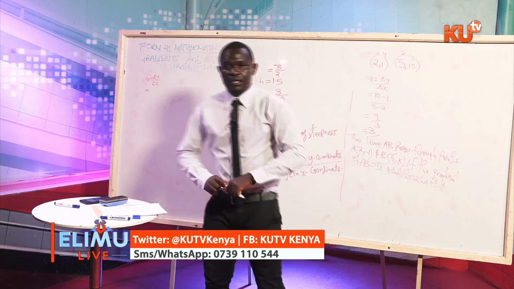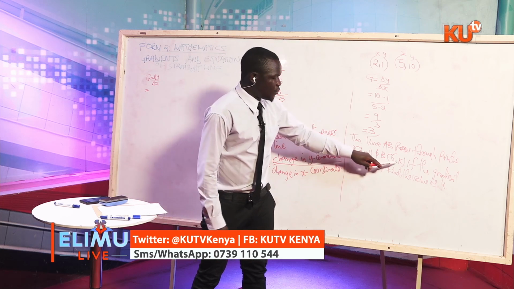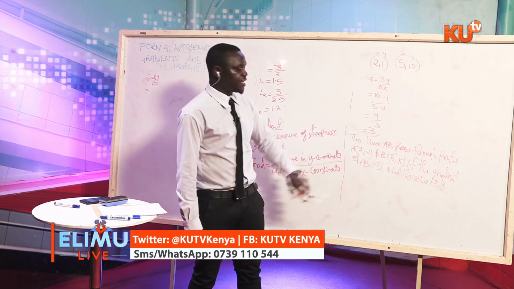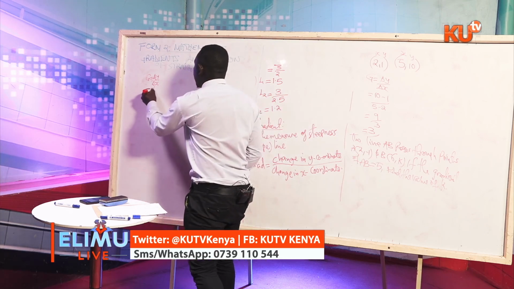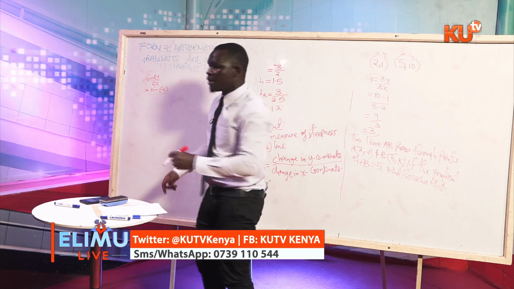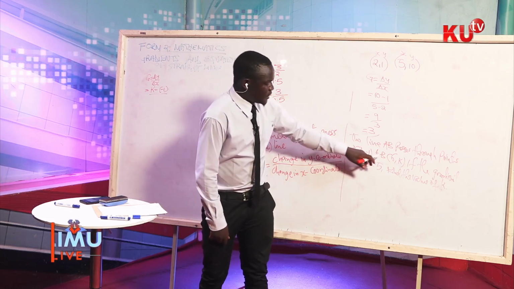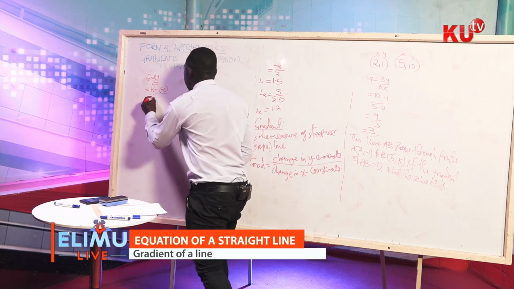Now, when you look at your points, the change in y is k minus -1. I want you to be very keen. k minus -1 over change in x. The x values here are 6 and 2, so 6 minus 2.